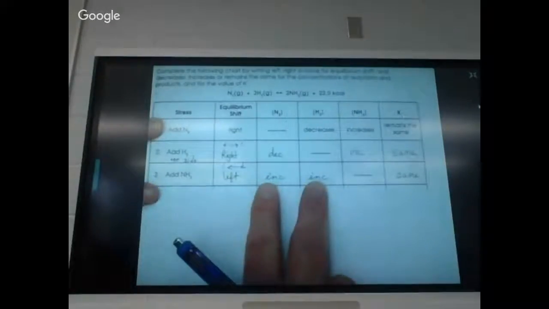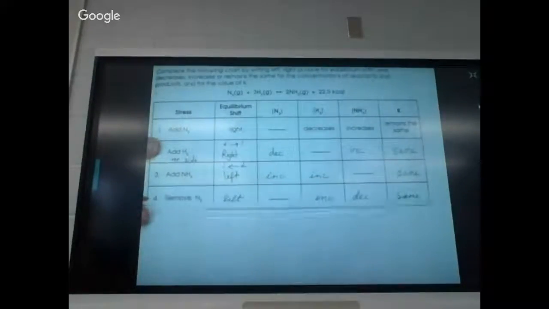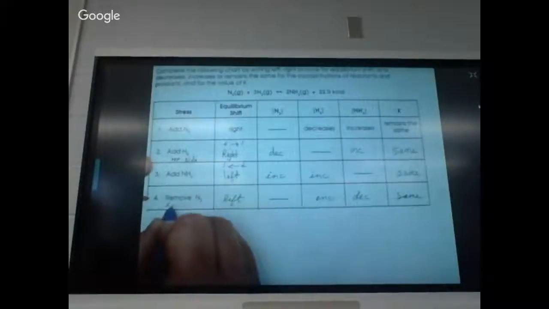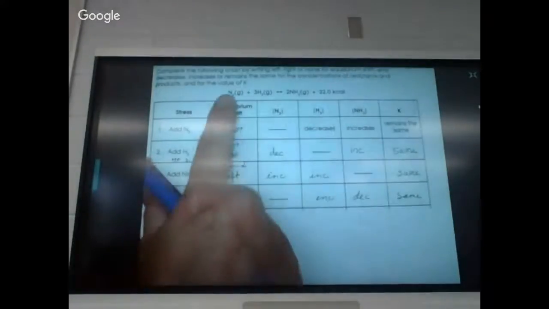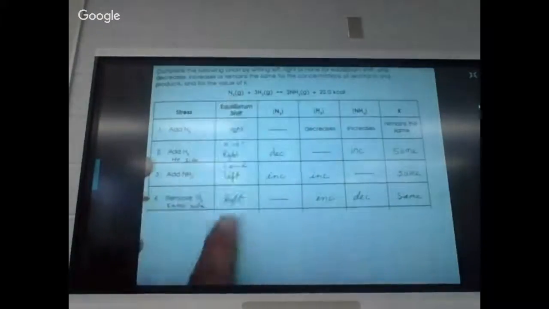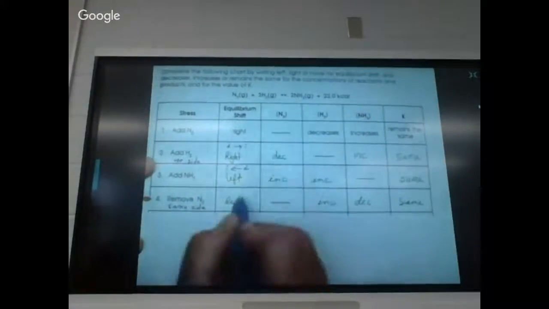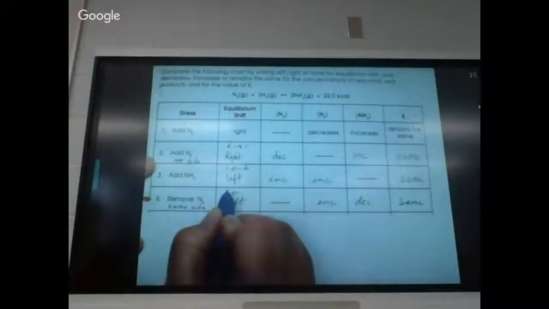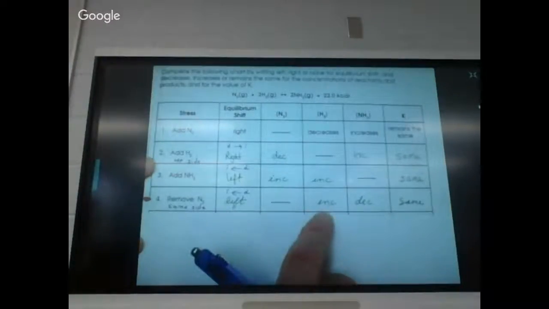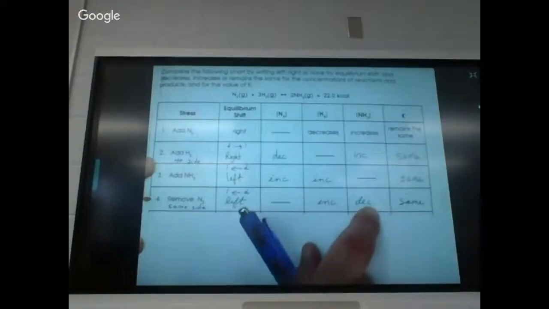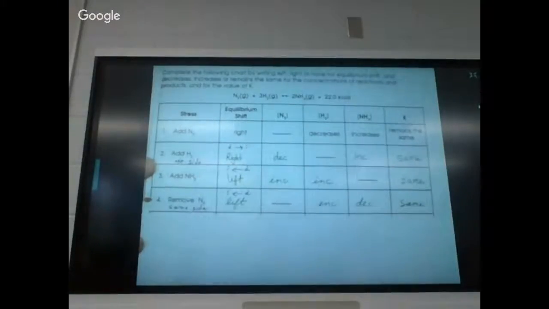When we remove, anytime you remove, it goes to the same side that it's on. So N2 is on the left, so it shifts left. Anytime it shifts left, increase, decrease. So H2 is going to increase, and NH3 is going to decrease. K stays the same because it's not temperature.